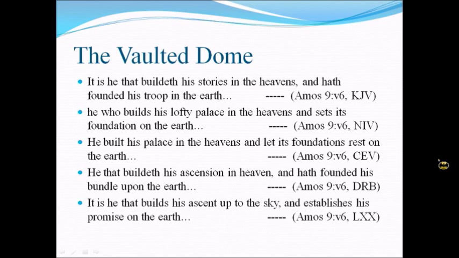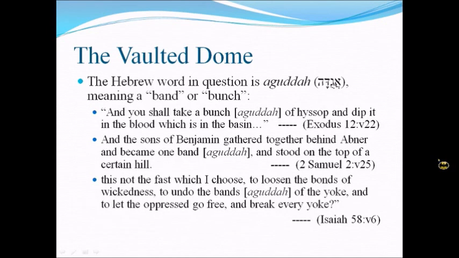In the CEV, it says, "let its foundations rest on the earth." In the DRB, it says, "hath founded his bundle upon the earth." And in the Septuagint, it says, "and establishes his promise upon the earth." Next slide.